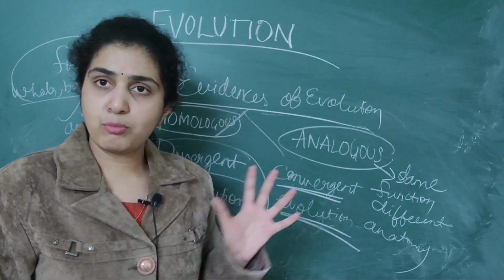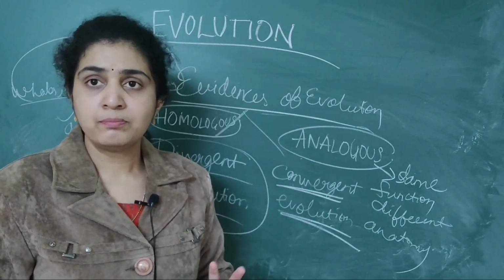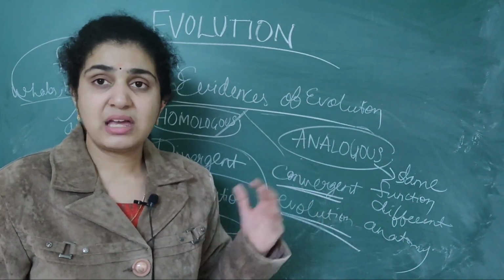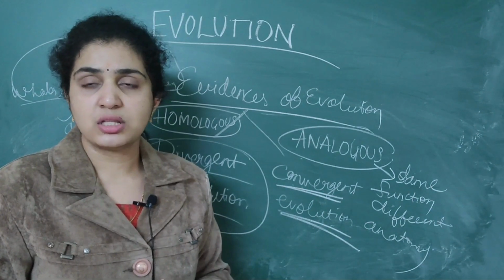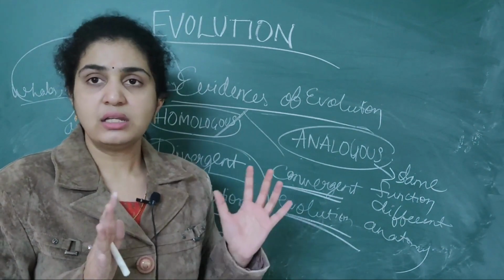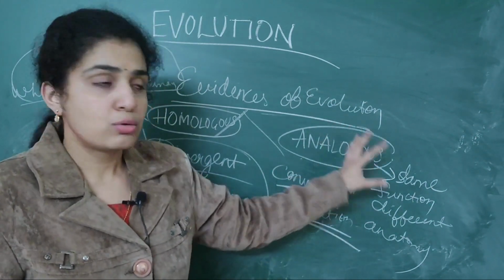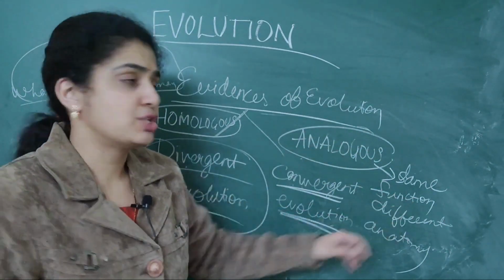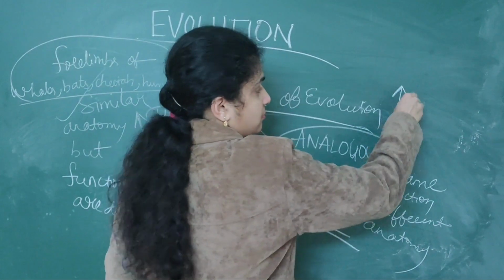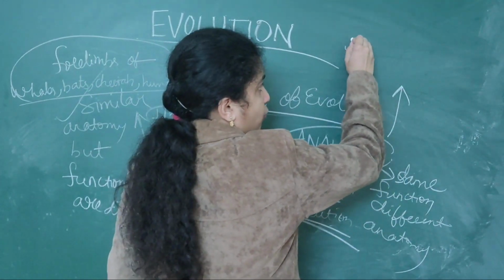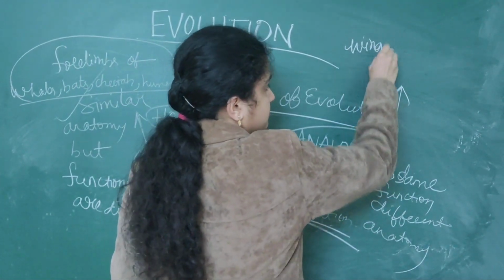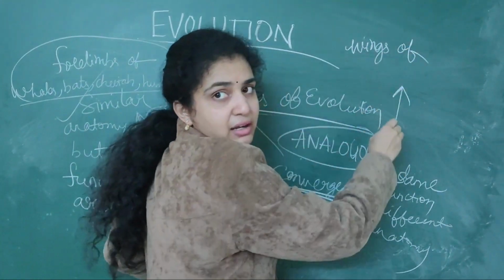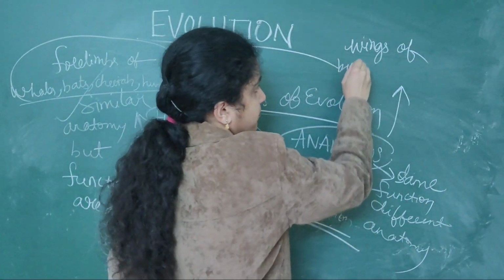Wings are useful for both of them for flying only, but they will not appear very much similar to each other. Their wings are different. So this example is classified under convergent evolution: the wings of butterflies and birds.